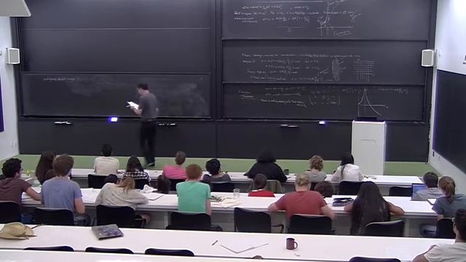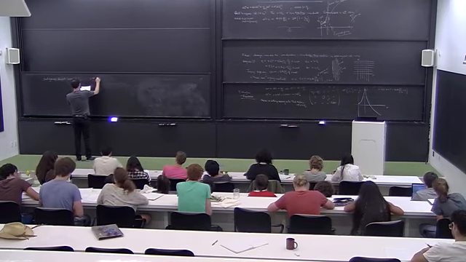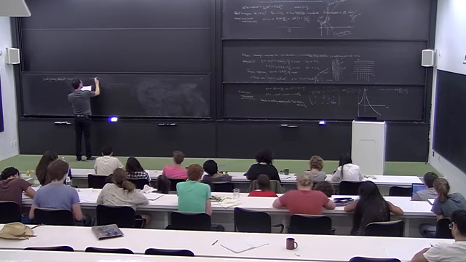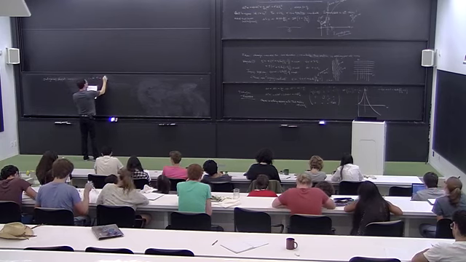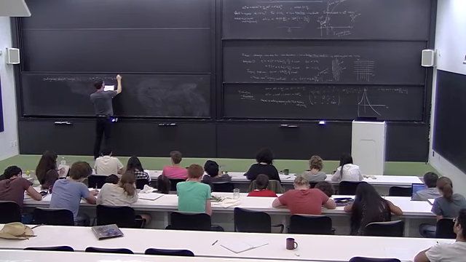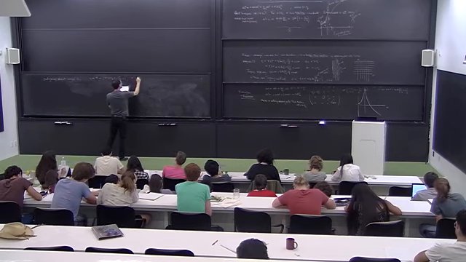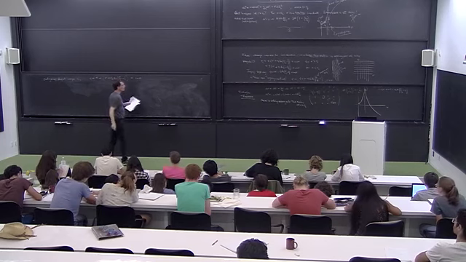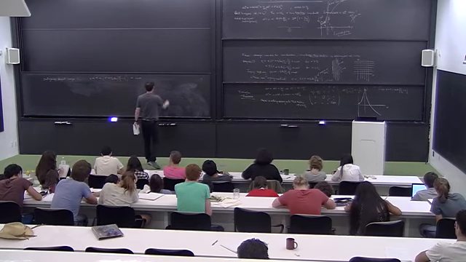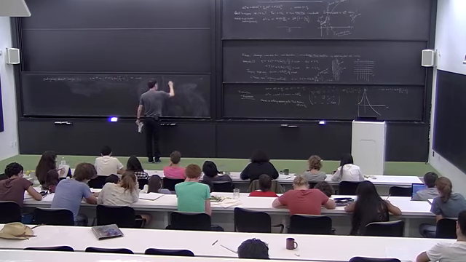For outgoing light rays, this quantity u, which is t minus r plus rs log modulus r over rs minus 1, this is constant. So the way to think of those is these were the ingoing curves.